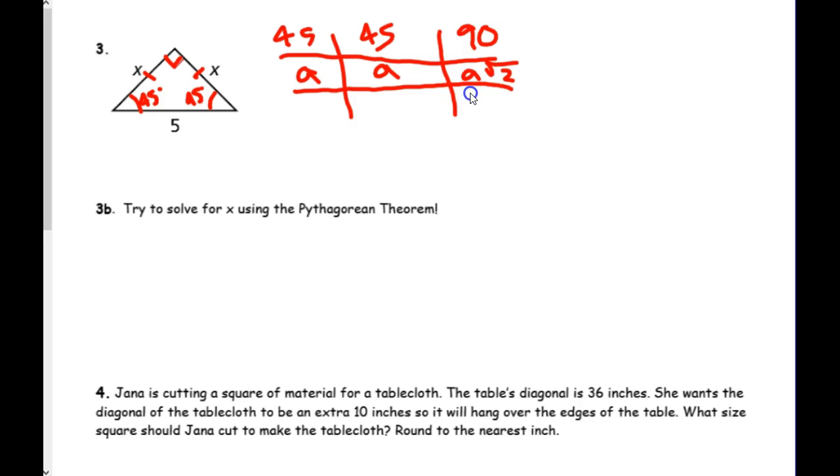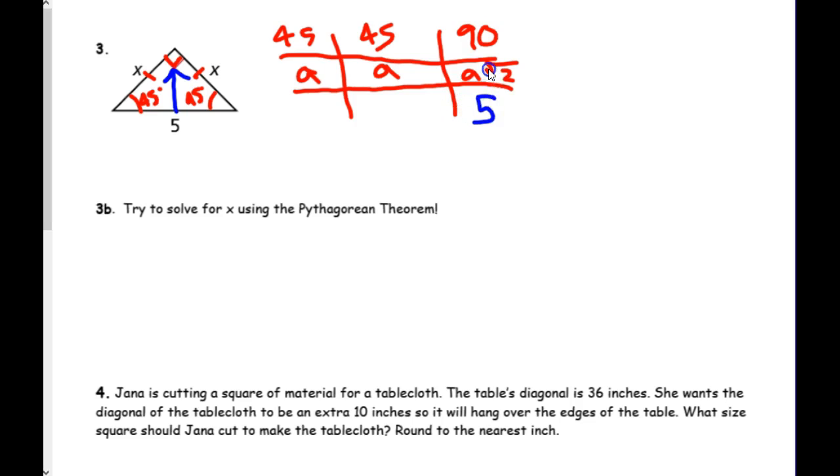Now, I have a 5. 5 should go where? Where do y'all think 5 would go? You would think, but 5 is across from what? 90. This is going to be the most weird one. Okay?